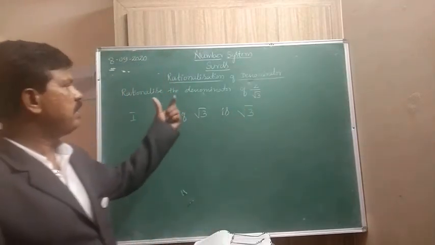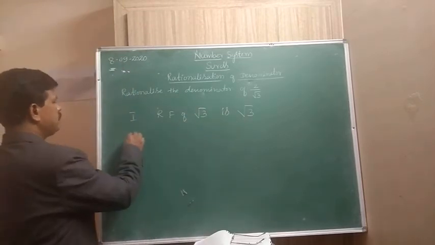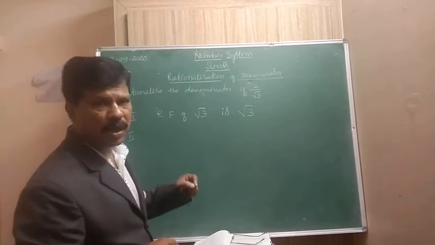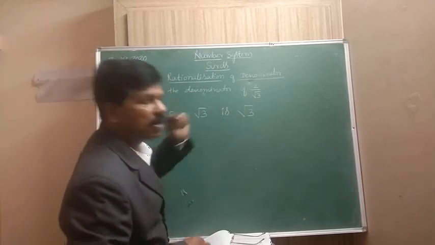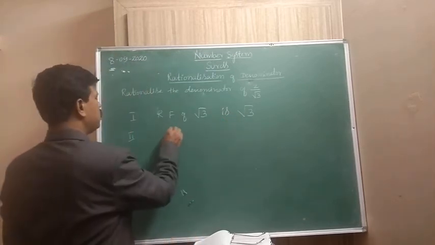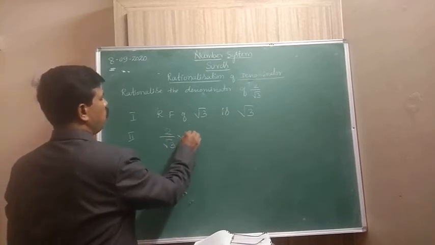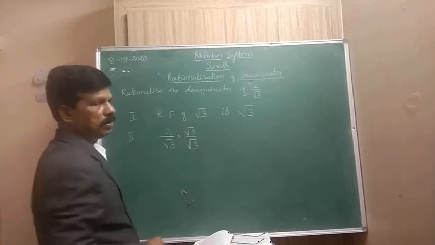Clear? So first you should write down this. Then step 2 is multiply numerator and denominator by this RF. That means 2 by root 3 into root 3 by root 3.